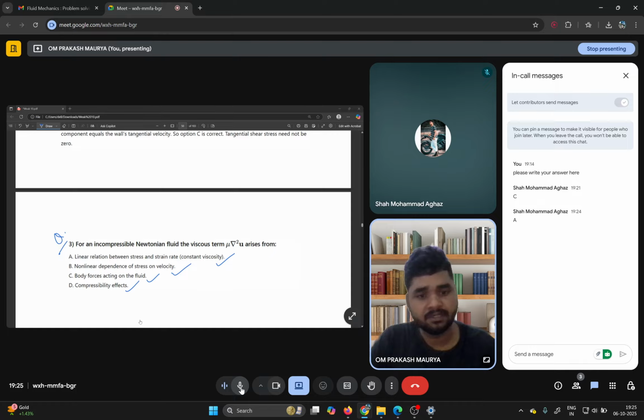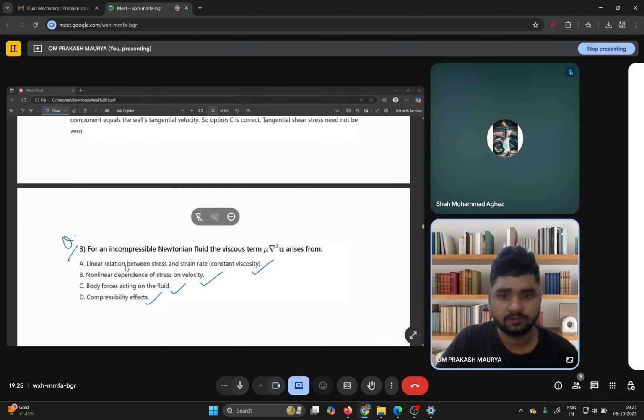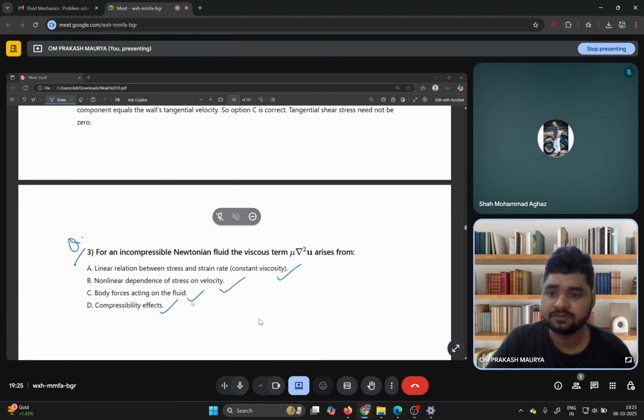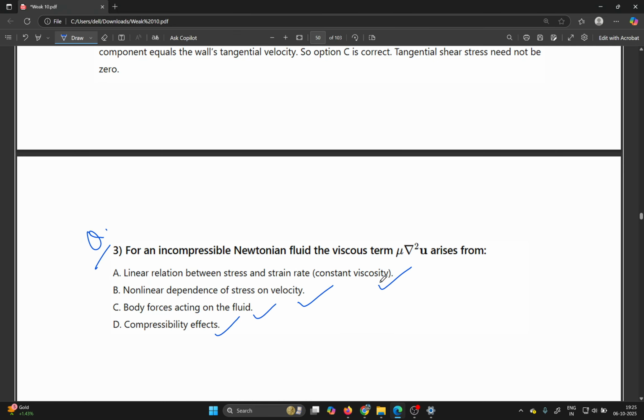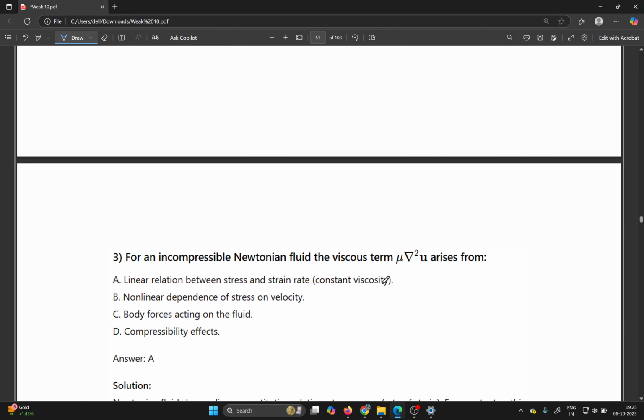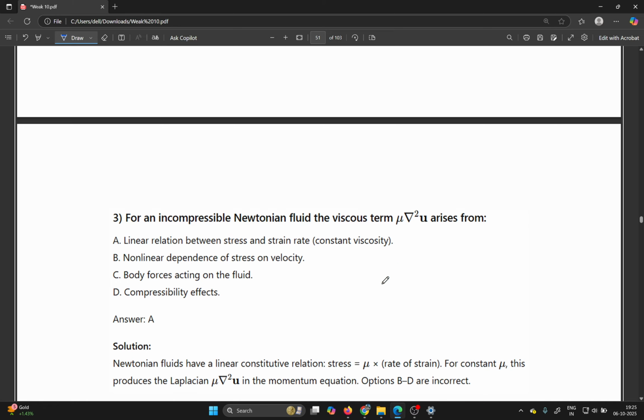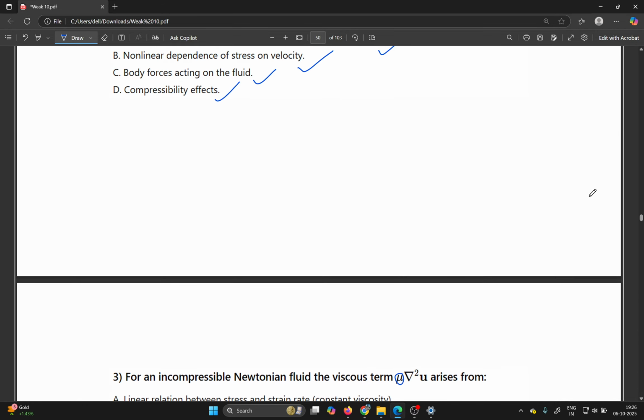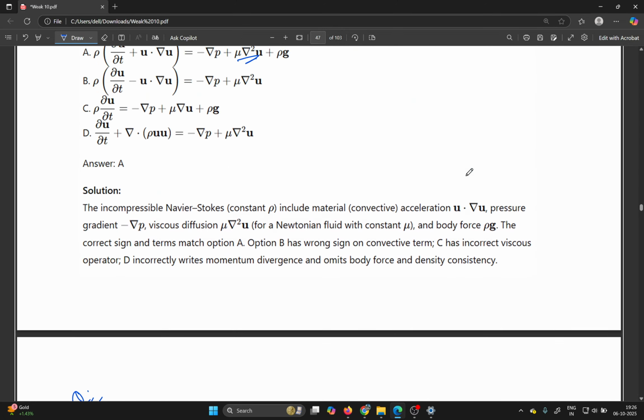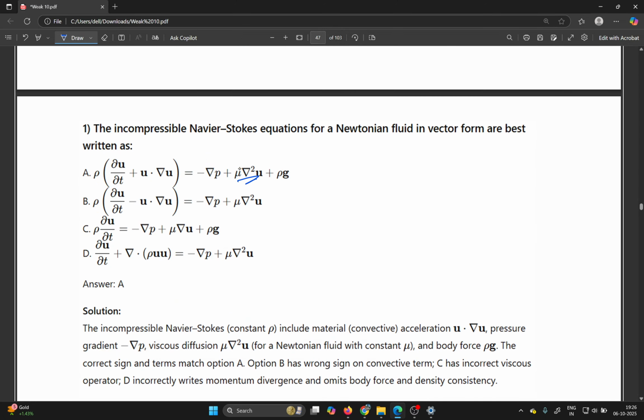Okay, you are telling option A is correct. So linear relation between stress and strain rate, that is constant viscosity. Yes, you are correct, because as we saw in the previous question, question number 1, here we have taken only this viscosity term, there is no x, y and z direction.